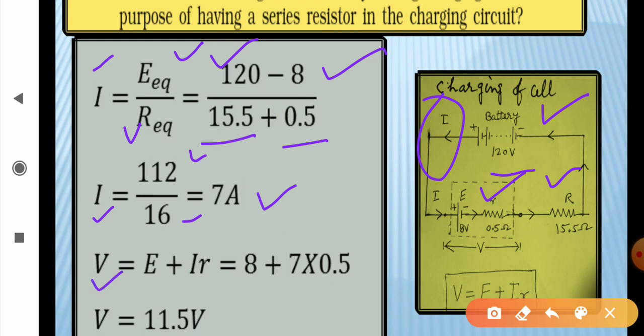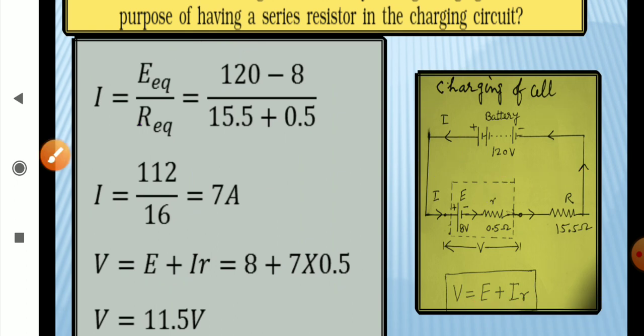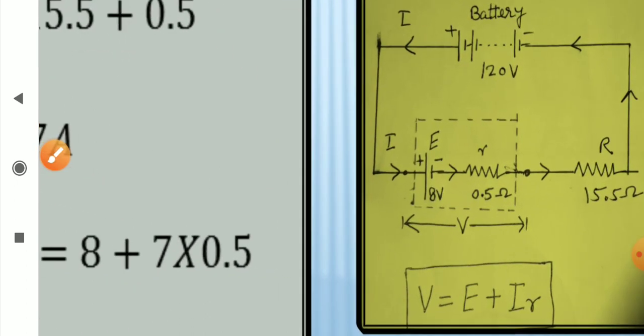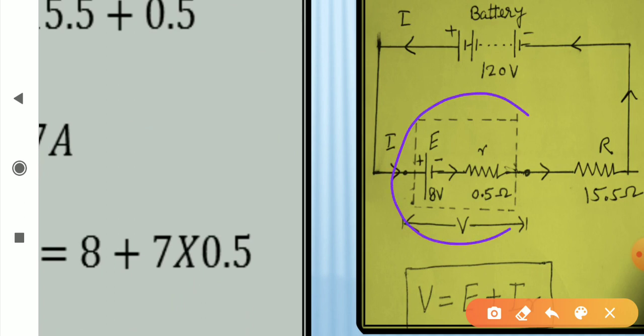Now V is equal to E plus IR, as we have just discussed. So V is equal to 8 plus I, which is 7, into 0.5, and simplifying it, you get V is equal to 11.5 volt. So now the potential difference across this storage battery is 11.5 volt, which is more than its EMF of 8 volt.